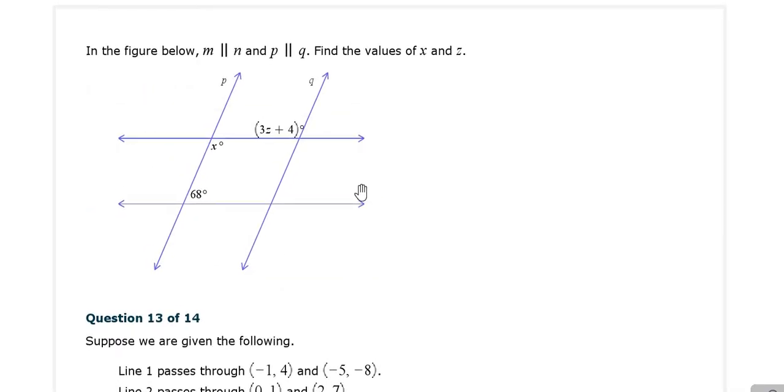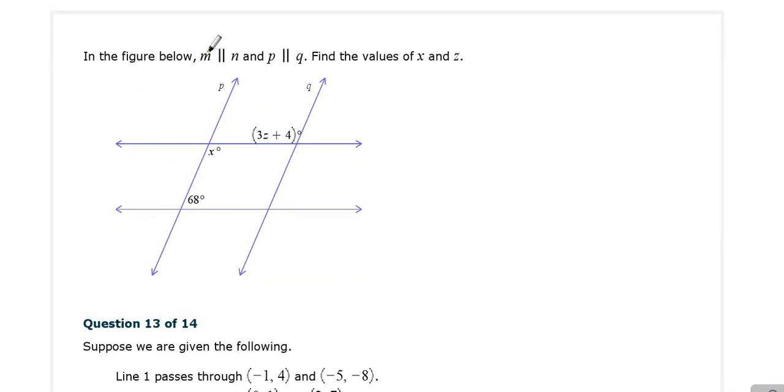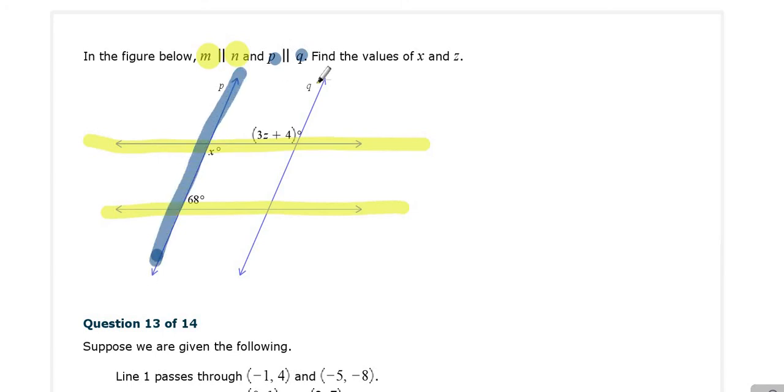Taking a look up here, we are told that M and N are parallel. That's going this way. And then we're also told that P and Q are parallel going this way. It wants you to find the values of the variable, but just always get in the habit of finding everything possible.